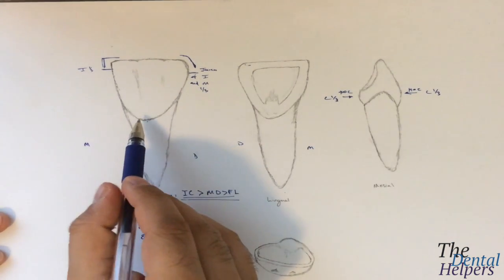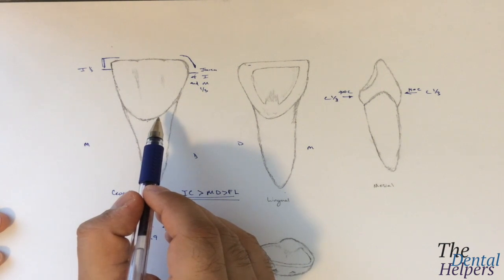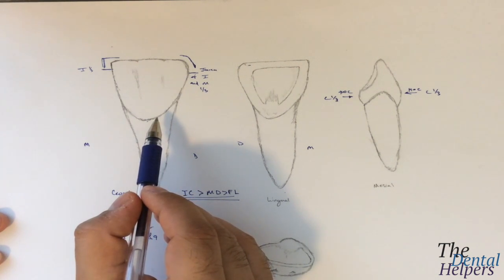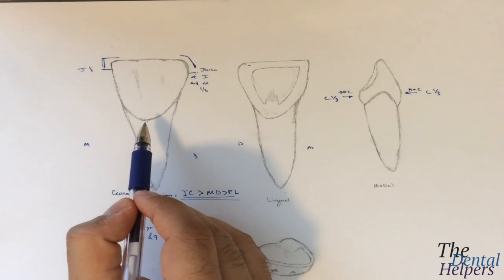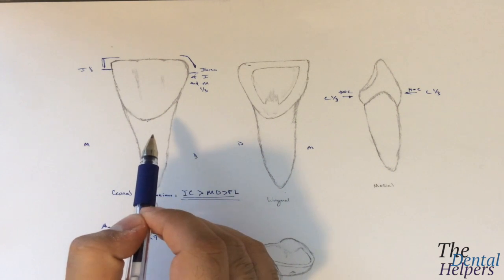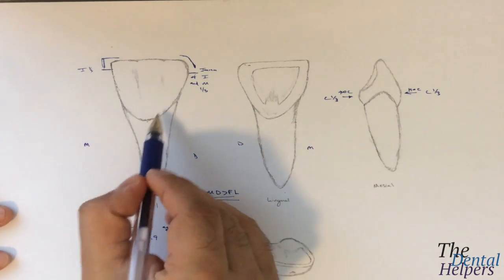Now if we look at the CEJ, or the cemento-enamel junction, now if we're going to look at the facial, we're going to see that it's convex.